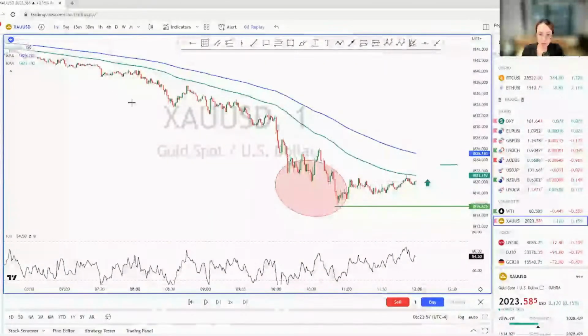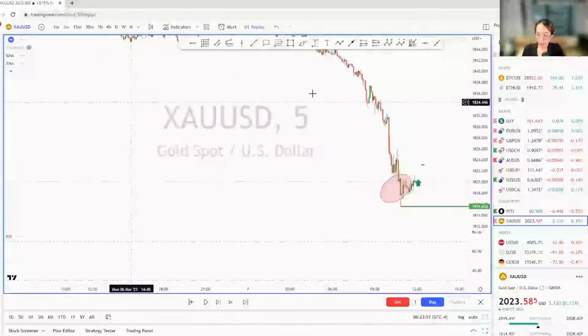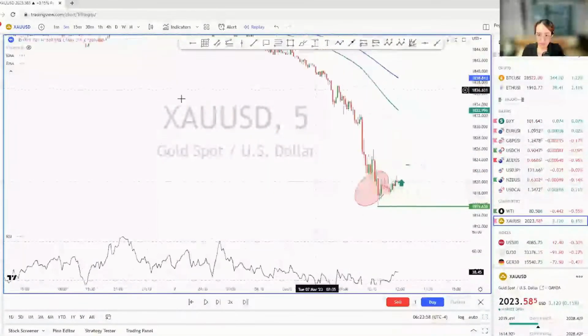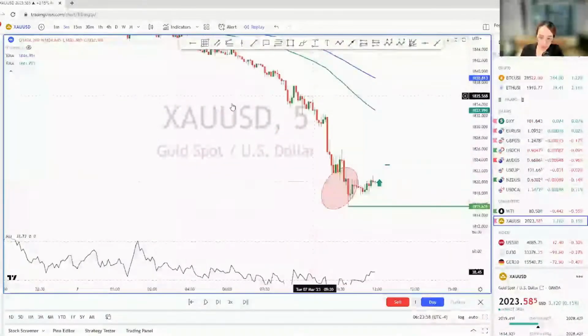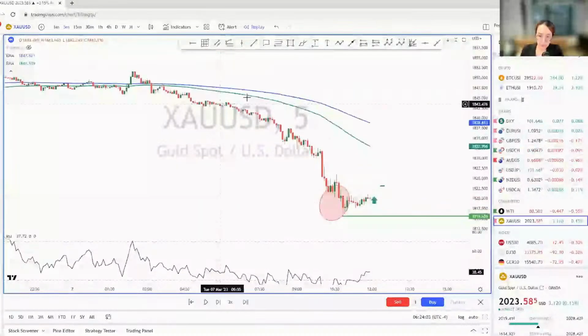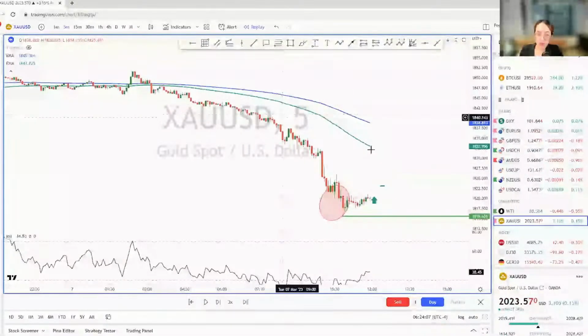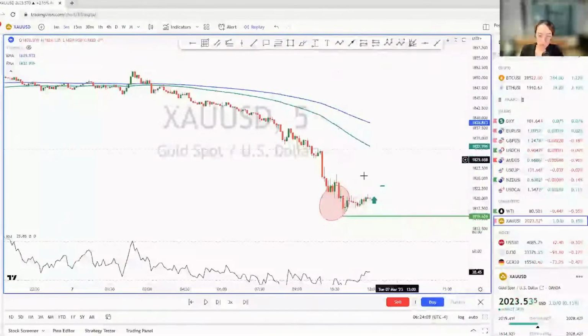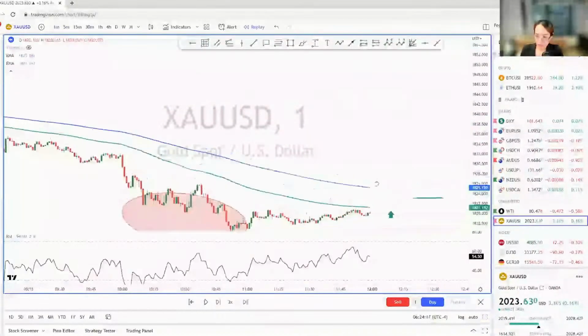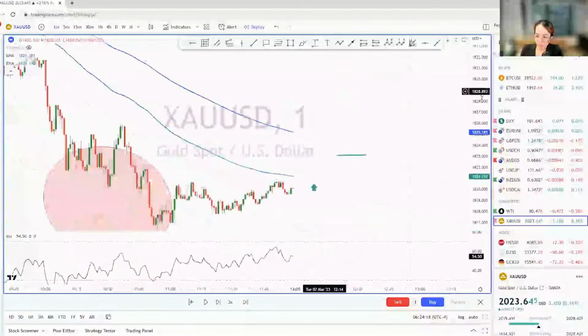Even on M5, you can see the price is very far from the indicator, so if we buy here, definitely this one we're going to get the SL. Okay, back to our strategy.